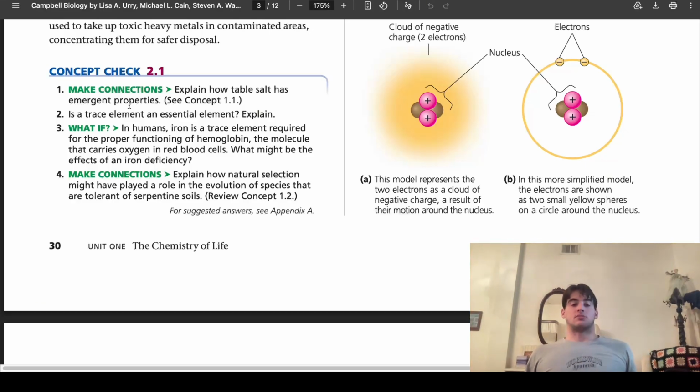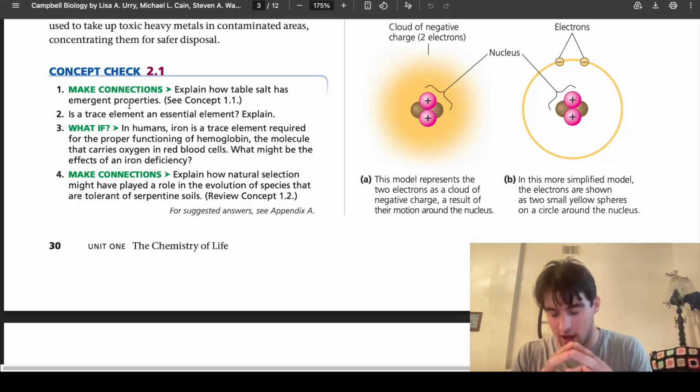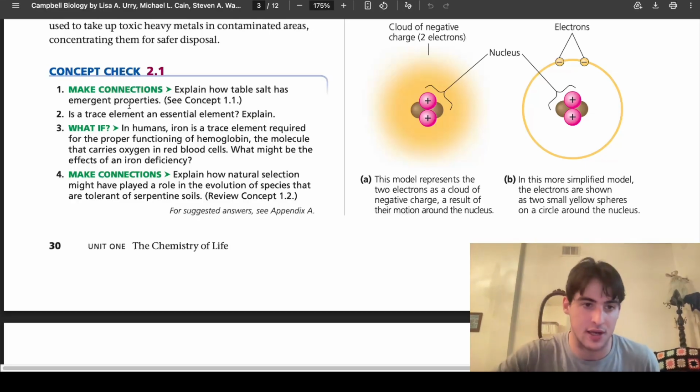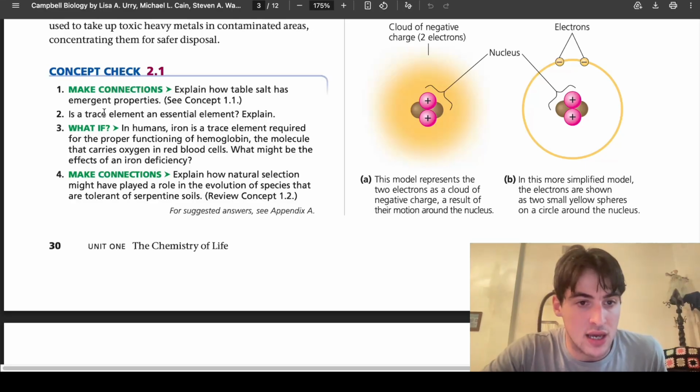So table salt has emergent properties because you have sodium, which is a metal, and you have chlorine, which is a poisonous gas. And they combine in a 1-to-1 ratio to make table salt, which is a powder, which is crazy. And then, is a trace element an essential element? Explain. I actually don't know.